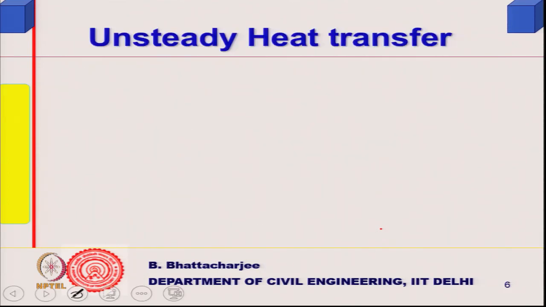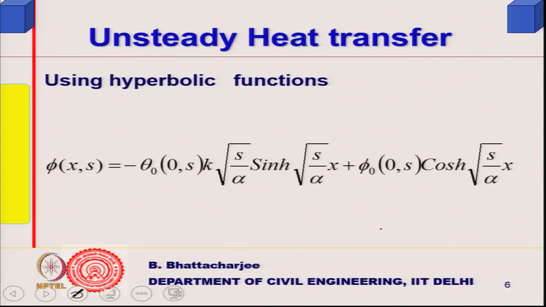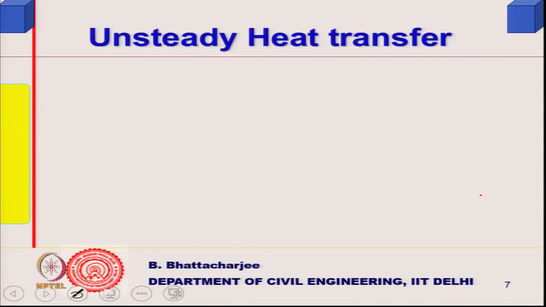So just writing this again using hyperbolic functions, phi can be written as theta 0 k, this is p, sin first term and then the cos. So if I rewrite these two equations again, then I will get something like this.